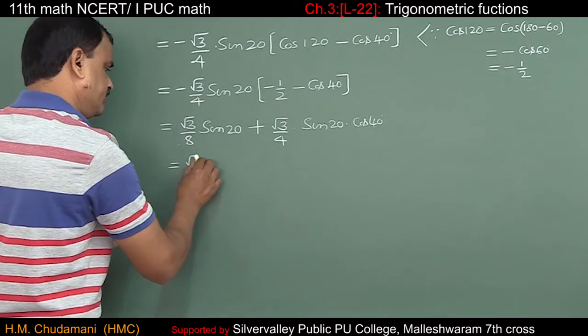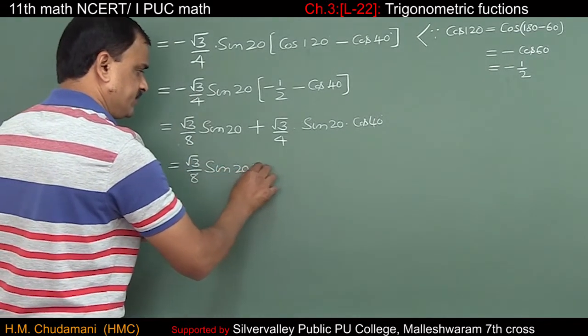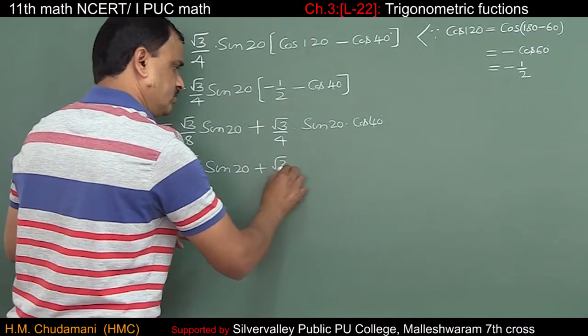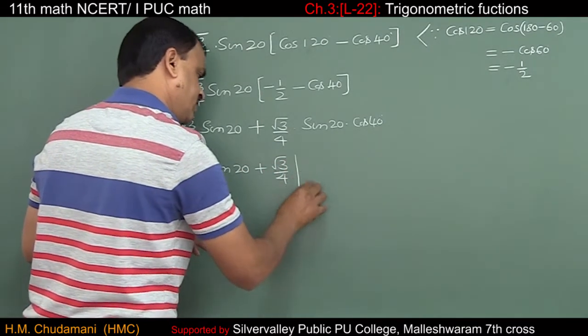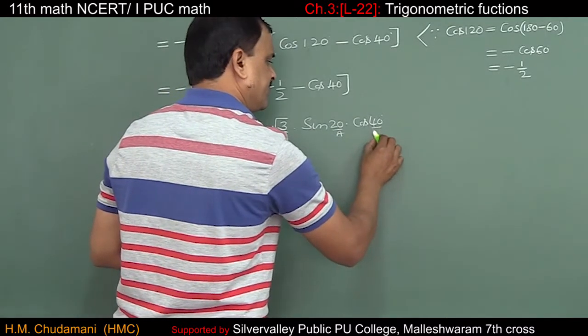This is equal to root 3 by 8 into sin 20 plus root 3 by 4 into, for this one, the sin A cos B formula.